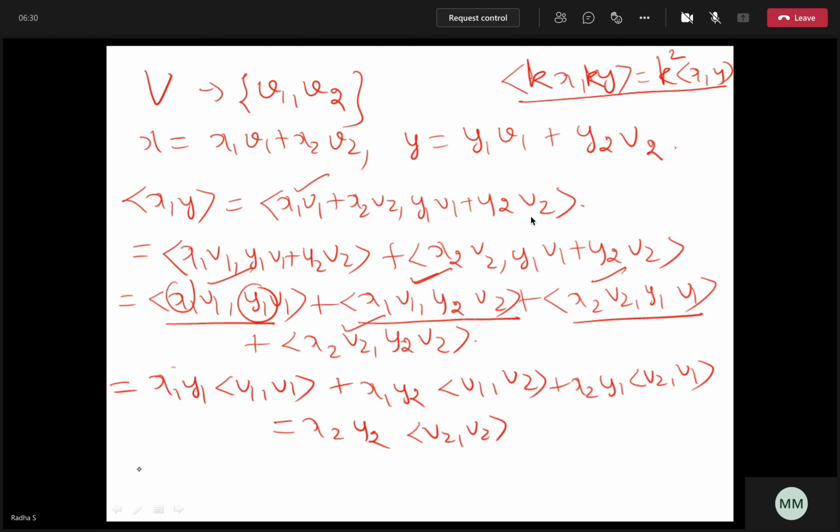This is nothing but, see whether you can understand, x1 comma x2. What is x1 comma x2 actually? Suppose this basis is alpha.